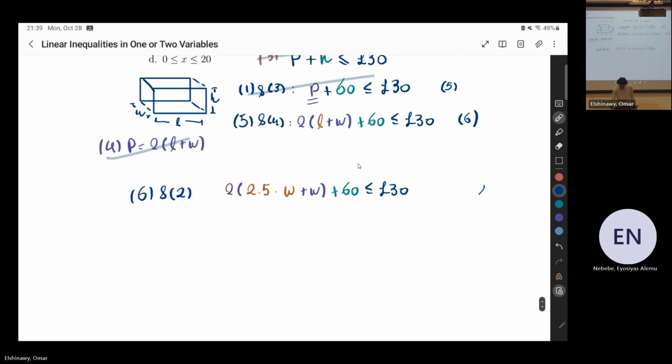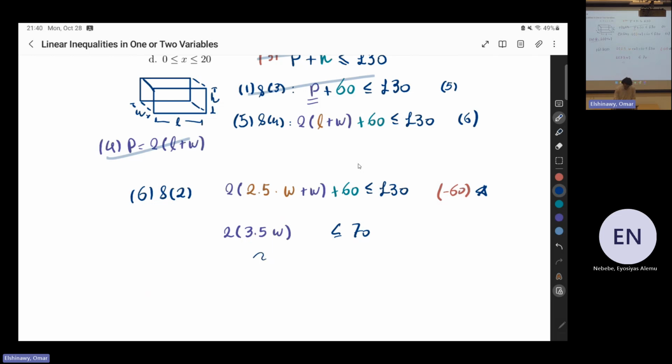If I actually do that, you just take away 60 from both sides, you treat it as an equation, you get 70. And then you add 2.5 W and 1 W, so you get 3.5 W. There's no square, there's an addition. So here we get 3.5 W times 2 is less than or equal to 70.